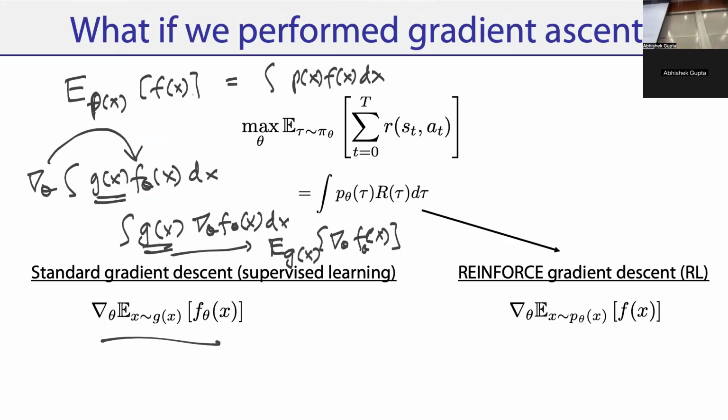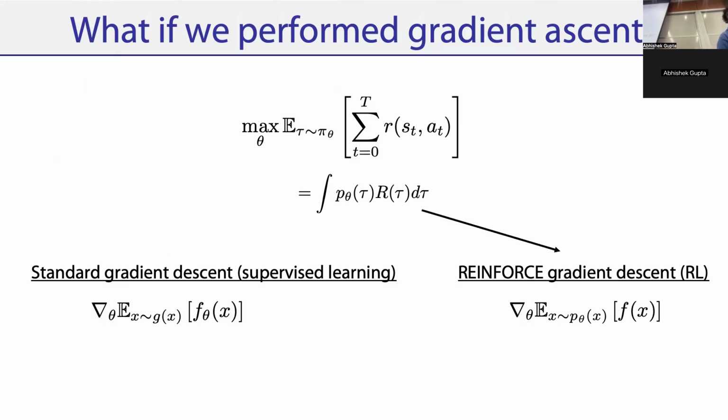And so the way you implement this, you just take PyTorch, add up a bunch of losses, average them, and you're good. That's what typical supervised learning would do. What we're going to have trouble with in reinforcement learning is that the thing you're taking expectation with respect to has theta in it. So we're going to try and work out how to compute a tractable gradient here.